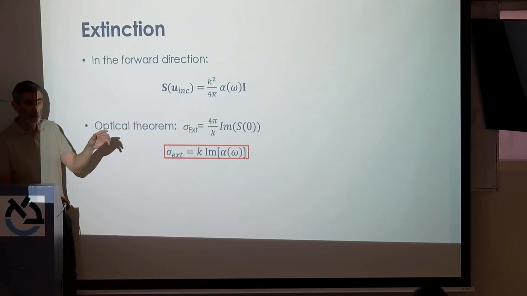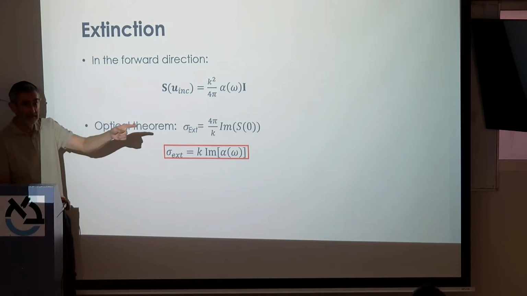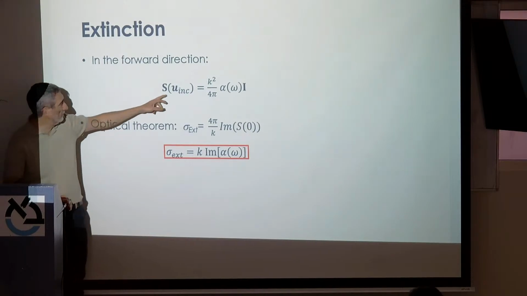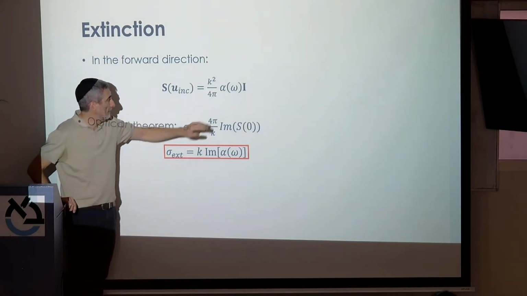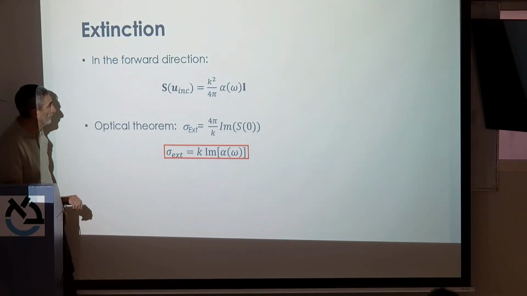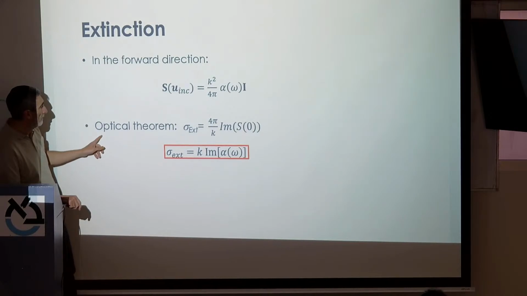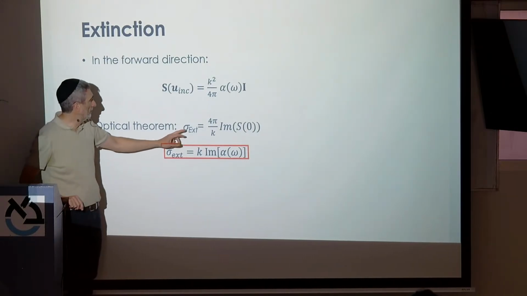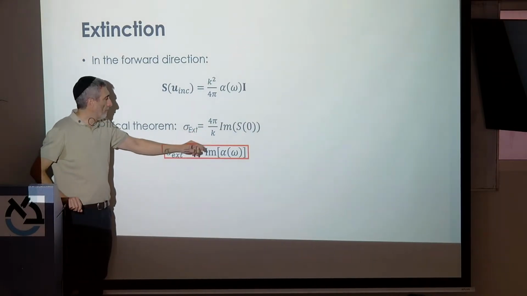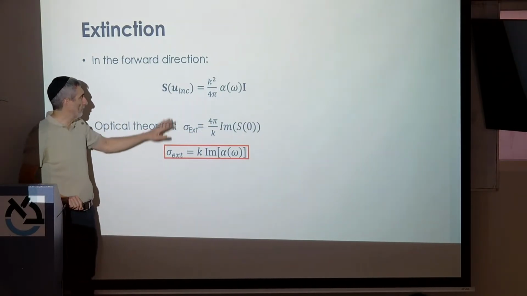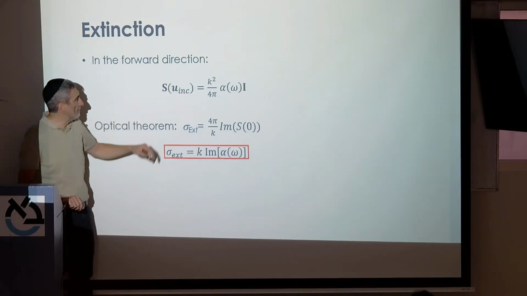You look at the light that is scattered in the incident direction, in the forward direction. The scattered light in the forward direction is given by this term here. The optical theorem tells you that the extinction cross section is 4 pi over k times the imaginary part of S0, for the incident direction, the same.